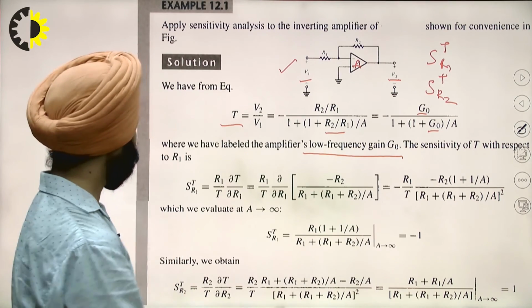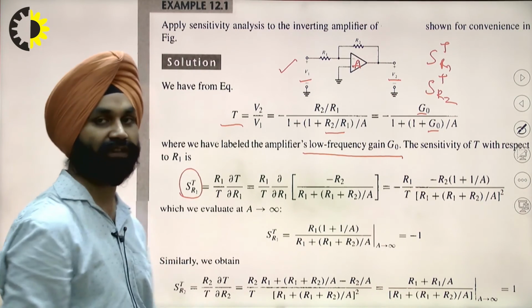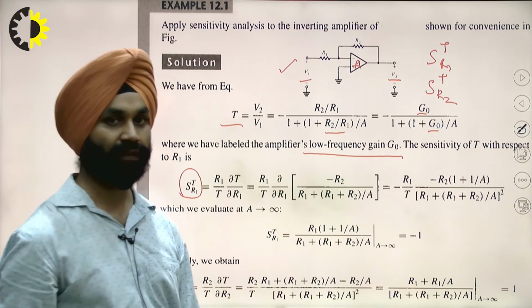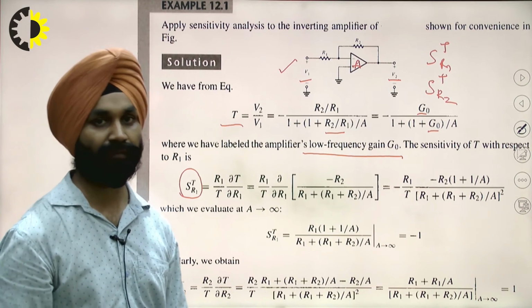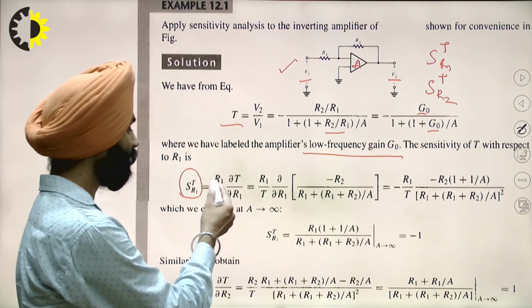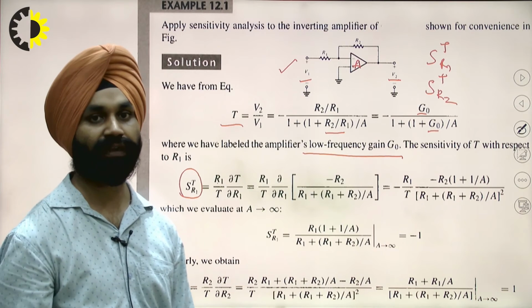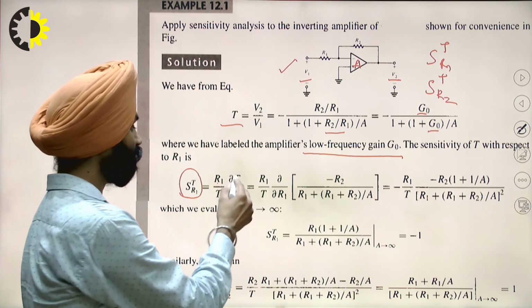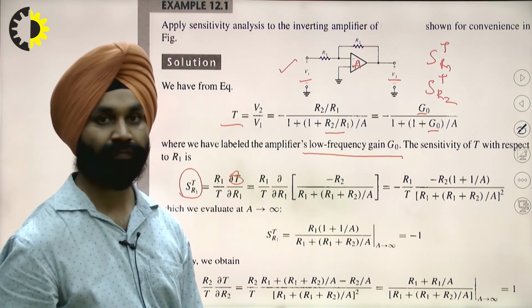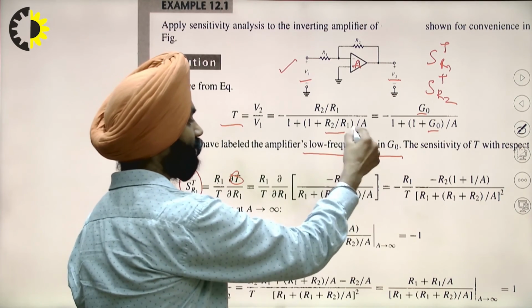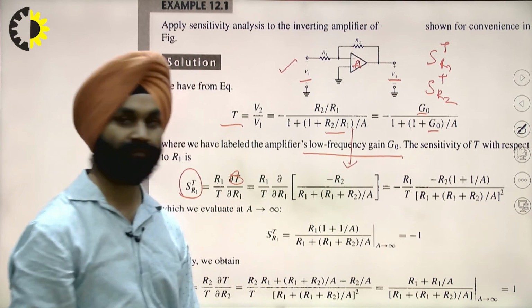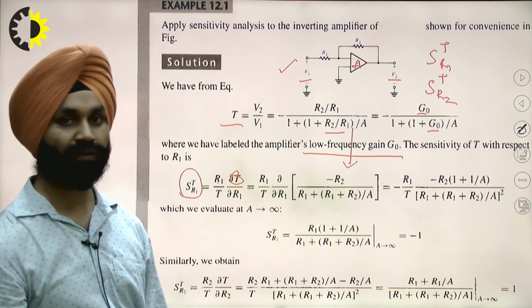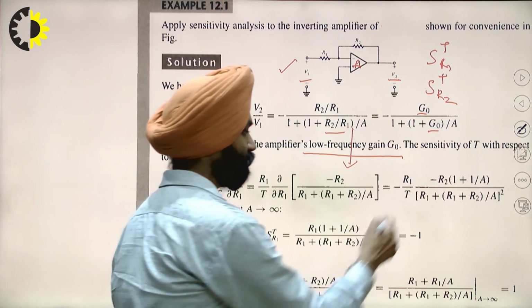If we find the sensitivity of transfer function T with respect to R1, it will be del T by T upon del R1 by R1, or I can say R1 by T into del T by del R1. If we put the value of this transfer function T over here and take the derivative with respect to R1, it gives this equation.